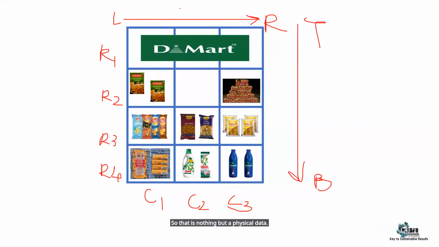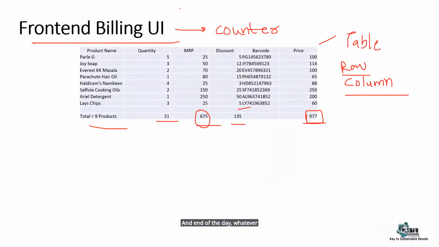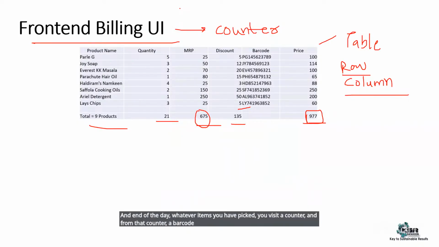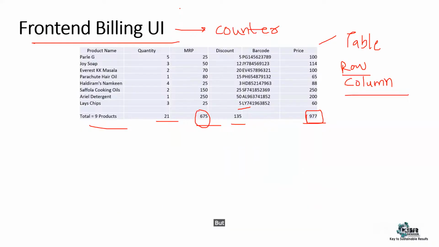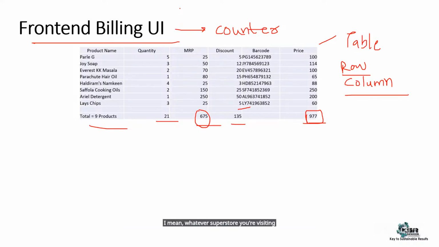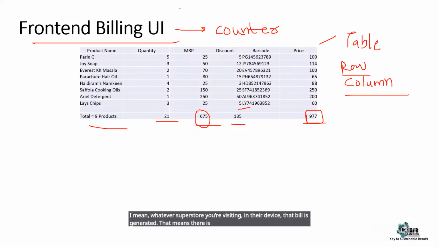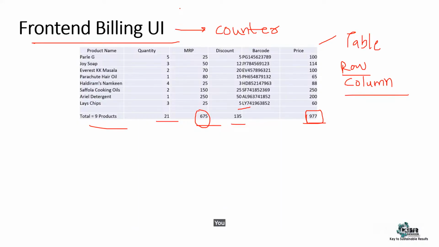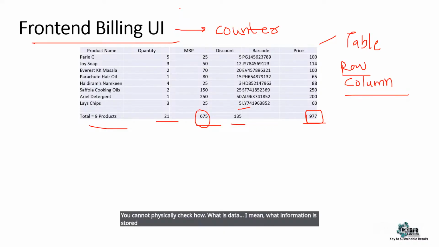There is a physical activity, and at the end of the day, whatever items you have picked, you visit a counter, a barcode is scanned, and a bill is generated in their system, not in your device. That means there is a logical flow of information. You cannot physically check what information is stored in that bill; you can only check whatever is printed and given to you.